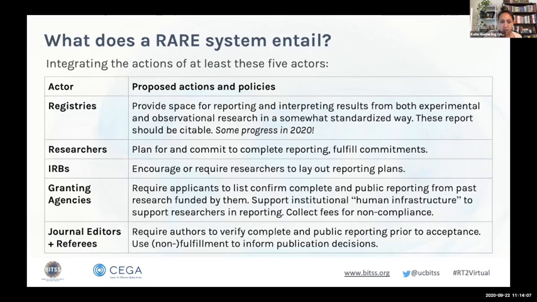Okay, so here are the details. We are proposing that registries provide space for reporting and interpreting results from both experimental and observational research, ideally in a somewhat standardized way. So clinicaltrials.gov does this. The AEA registry has started doing this this year, but they've only started allowing people to do this for a few months, and not many registered trials have actually done it yet.